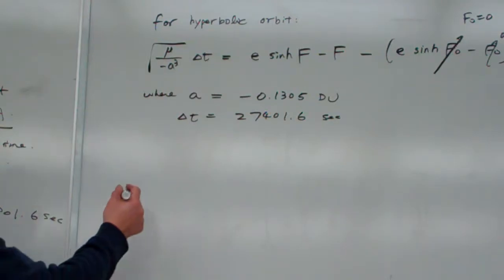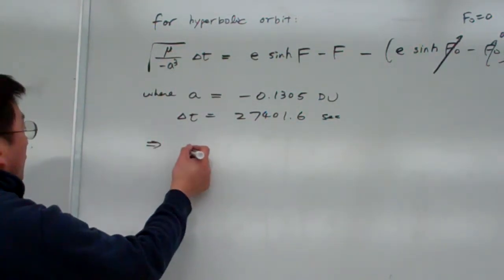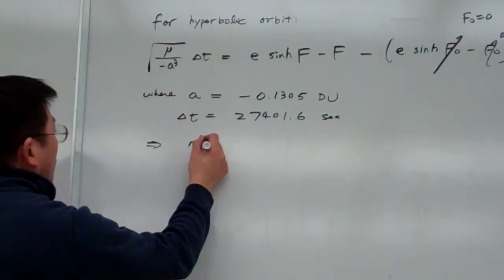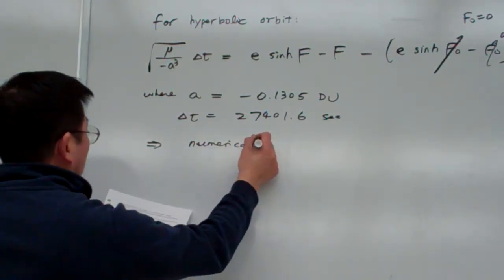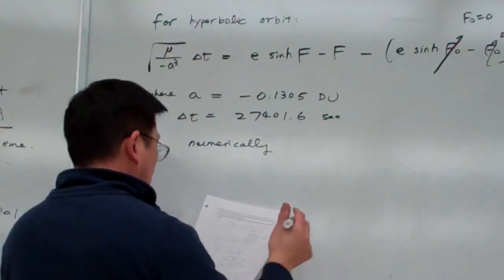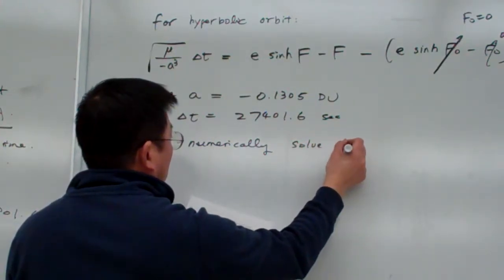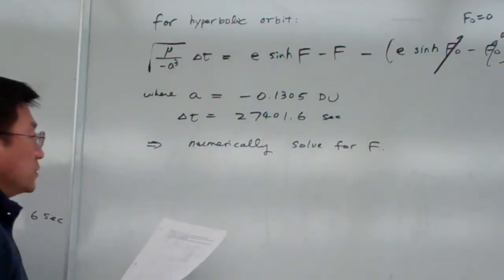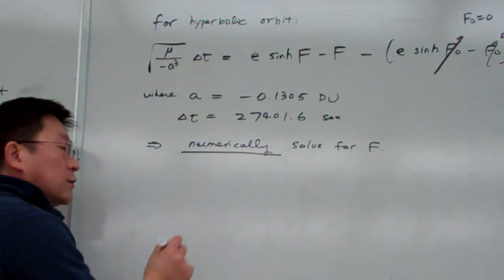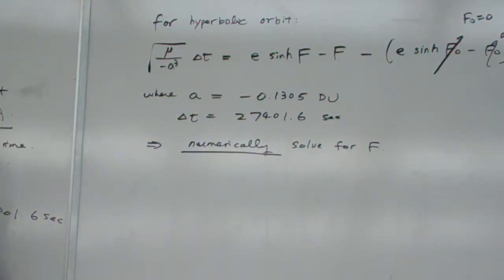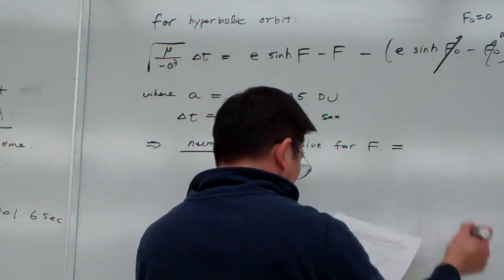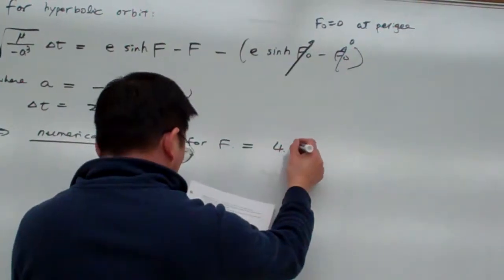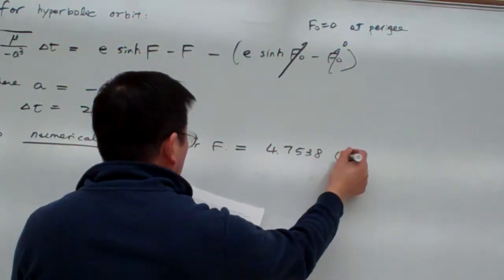Okay, so therefore from here we can solve numerically. That means you just plug in whatever functions you developed, and I think I implemented this one and it needed about 60 iteration steps in my case. Okay, so therefore f will be equal to 4.7538 radian.